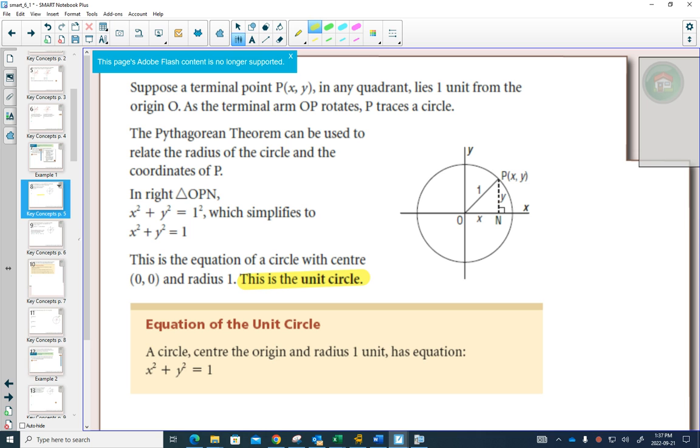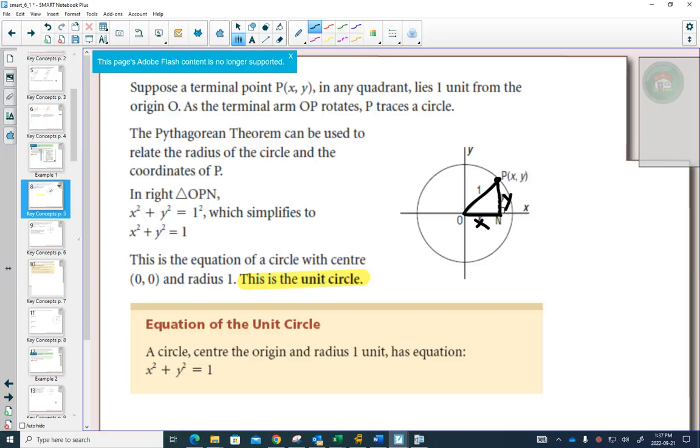For example, on the unit circle, if I take a random point, and they have one labeled right here, you can go straight down and straight across, and with the radius of the circle, make a right angle triangle. That random point has an x coordinate and a y coordinate. Okay?